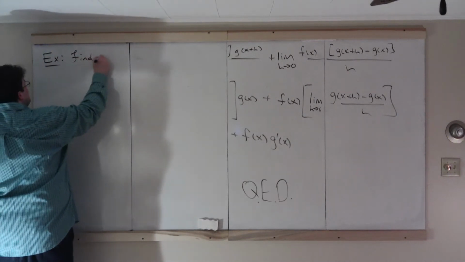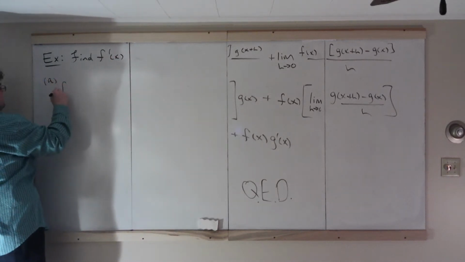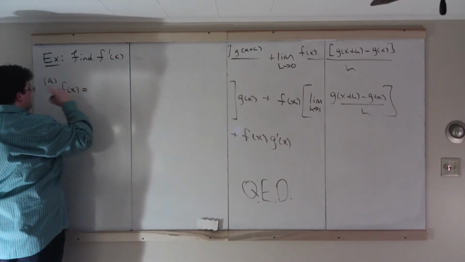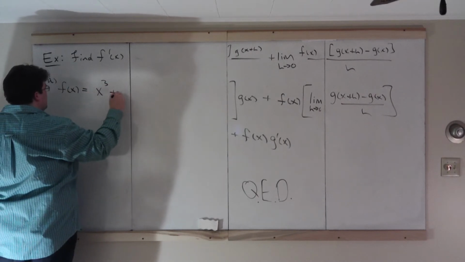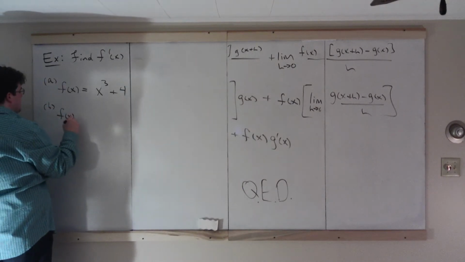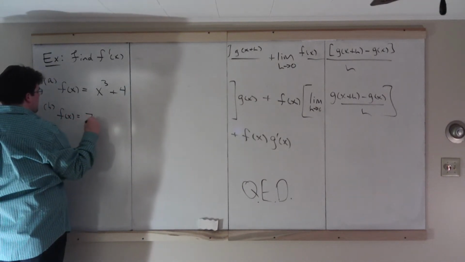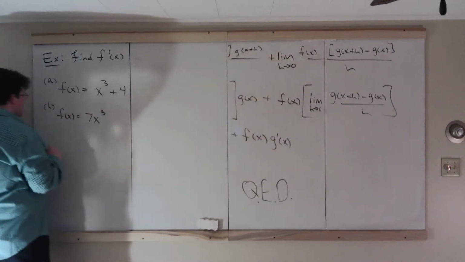Find f prime of x. So let's do, part A, f of x equals x cubed plus 4. Part B, let's do f of x equals 7x cubed.